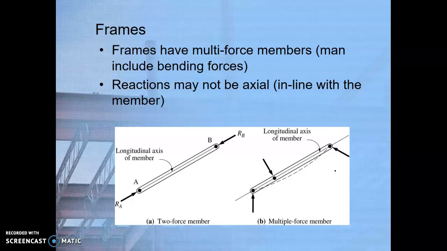So that's the main distinguishing feature, is that a frame can have multi-force members, subjected to compression, tension, or bending. Whereas in a truss, all of the forces are either causing compression or tension. All of the forces are axial.